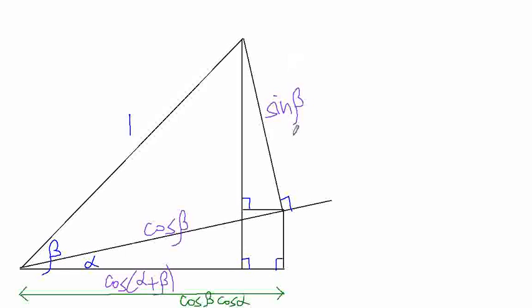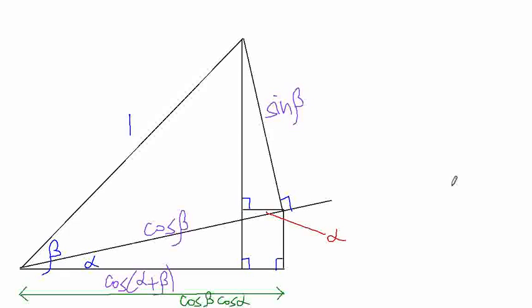Can you see that that implies that this little angle right here also has a measure alpha? If you know about parallel lines cut by a transversal, and if you remember alternate interior angles, that's one way to see that that angle must also be alpha.